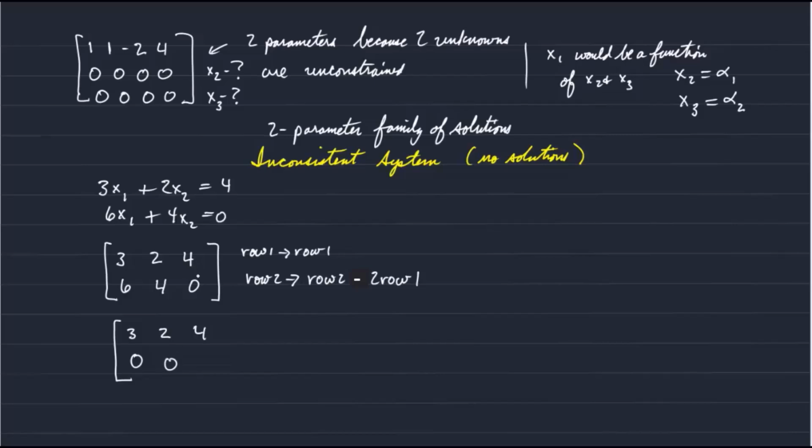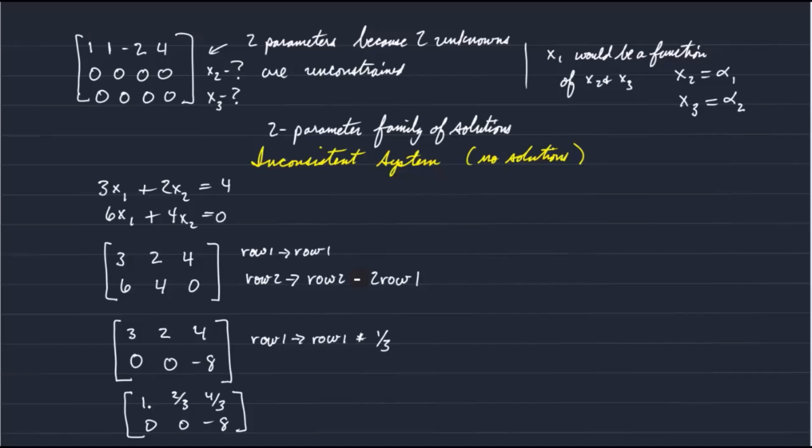And 2 times 4 is 8, and when we subtract that, we get minus 8. Then finally, we need to create our lead 1 from this top row, and we'll just divide row 1 by 3, or multiply by 1/3, and that gives us 1, 2/3, and then 4/3, 0, 0, minus 8.